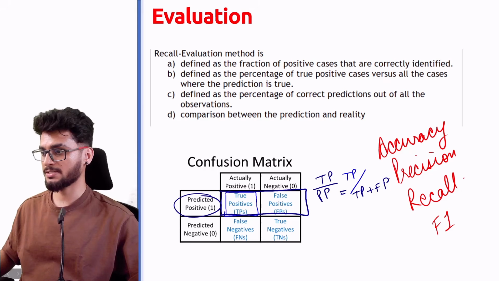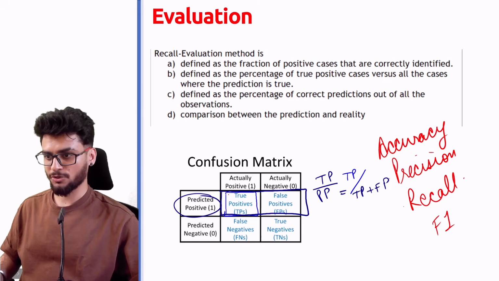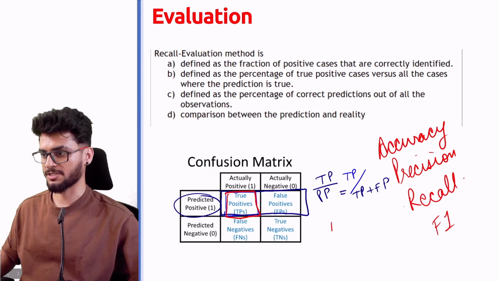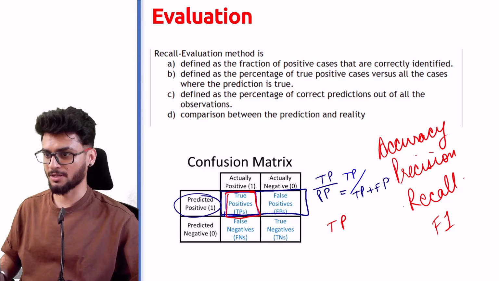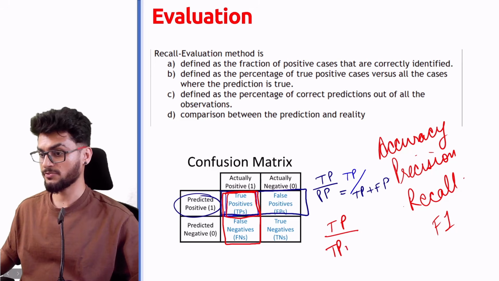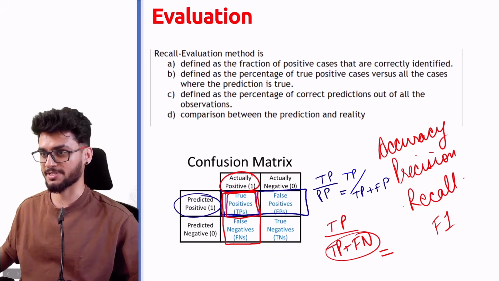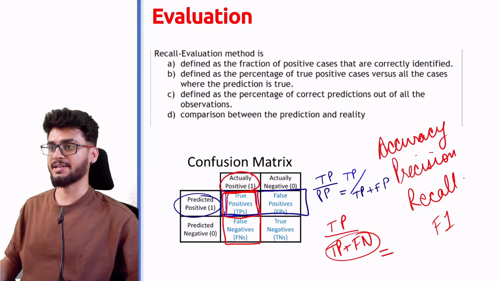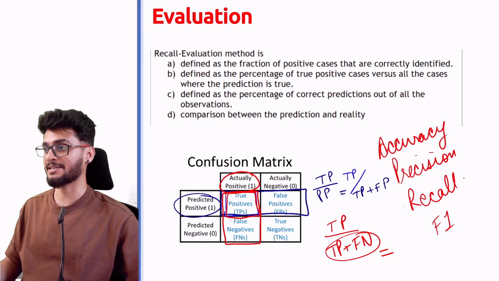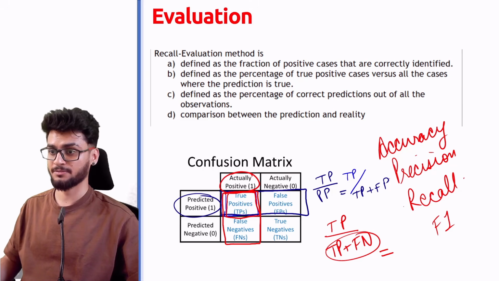And the next one is for recall. For recall, again, you take this cell, which is true positives, upon this, which is true positives plus false negatives, which is also equal to actually positive. So it is defined as the fraction of positive cases that are correctly identified.